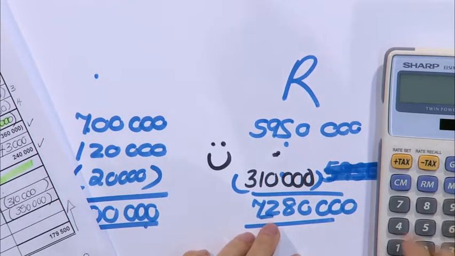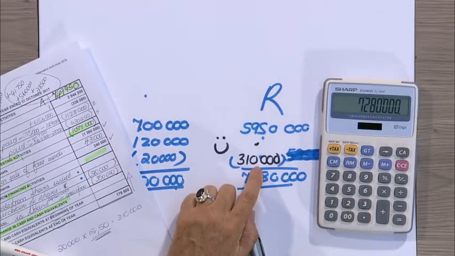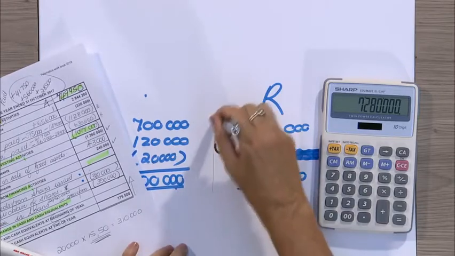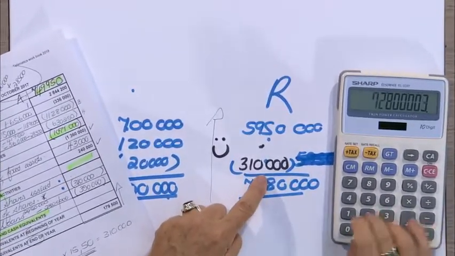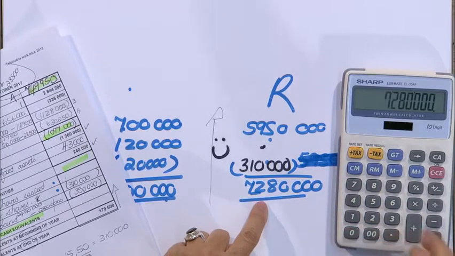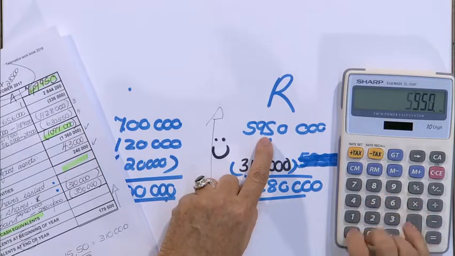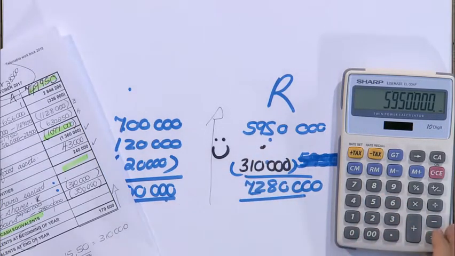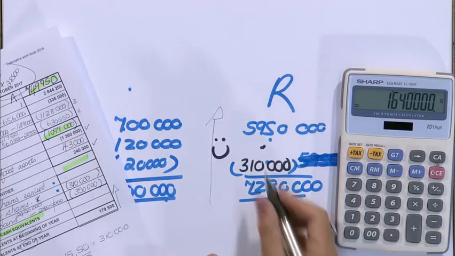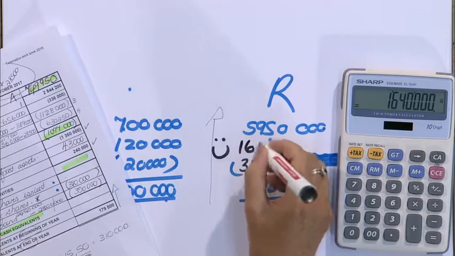Type in 7,280,000 Rand. If that was a minus and I'm working back up, go add your, did I say plus? No, I didn't. Plus 310,000 Rand, and then go minus 5,950,000 Rand. Wonderful. What do I have here? I have my missing amount.